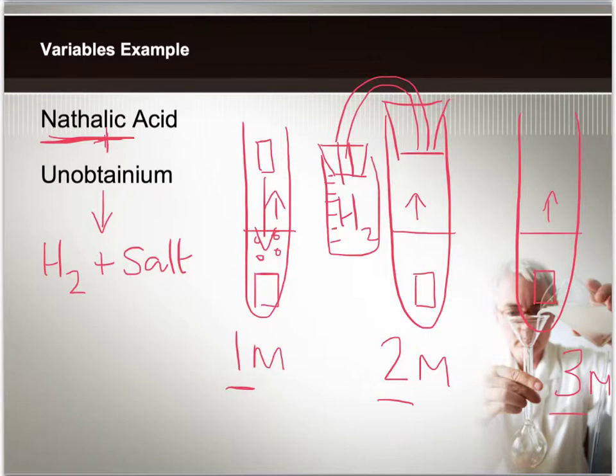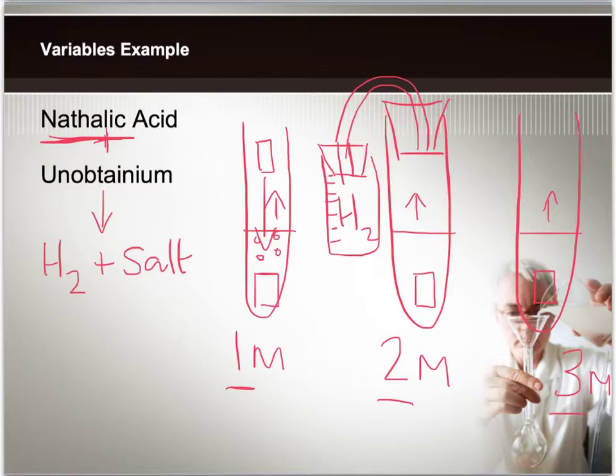So it's a measure of the concentration, and it's a direct measure. If you're using the same amount of solution, it gives you a direct idea of how much naphthalic acid you're working with.